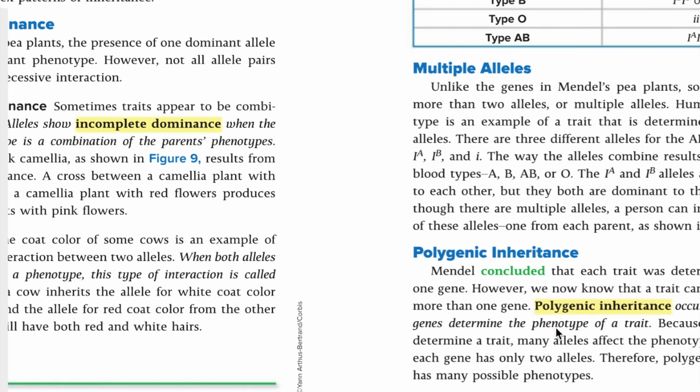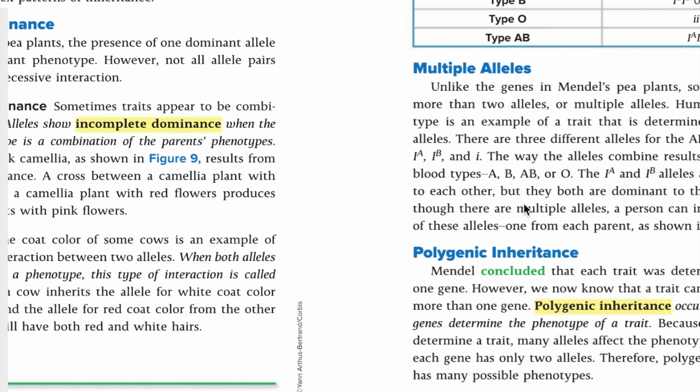Polygenic inheritance is just the idea that all of this is not as simple as we're making it in this lesson. You can have multiple alleles, not just one from each parent, that control one trait. So blood type has lots of different kinds of blood type.